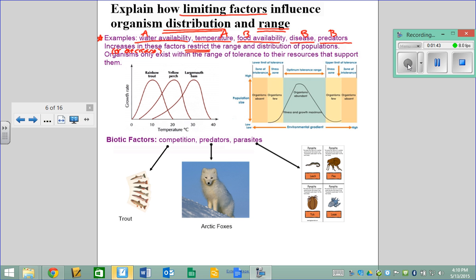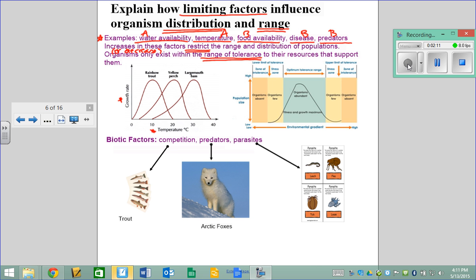Organisms can only exist in what's called the range of tolerance to the resources that support them. So I have two little graphs that I'd like to talk about. The one on the left is showing some actual organisms with an actual factor. On the left, I have temperature along the bottom and growth along the left.